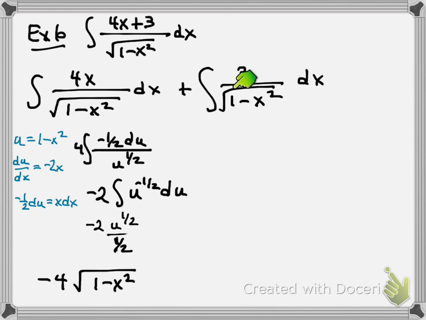This one, I'm going to go back to my math Bible, and you do have a formula. It's inverse cosine. Inverse cosine is when you have a square root with a 1 minus x squared. So to do this one, I can pull my 3 out front, and I don't even need a u because it looks just like the one in the math Bible other than a negative.